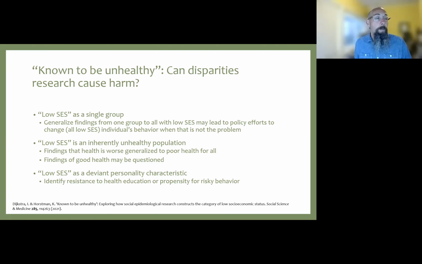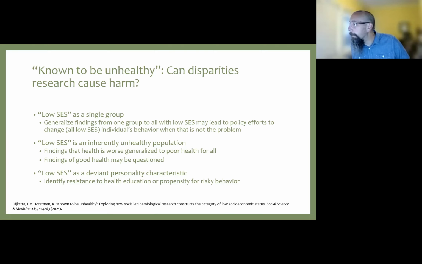And then a third was a tendency, in some papers at least, for low SES to be framed by the way the authors talked about it as essentially a deviant personality characteristic. Like these people are resistant to participation in the program, or they're resistant to education about good behaviors. So identifying something about the individual as the explanation for the black box, rather than whatever social relationships gave rise to that.